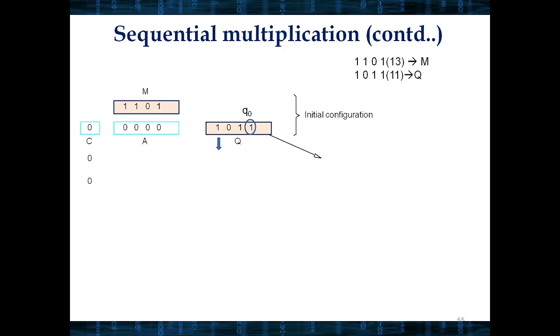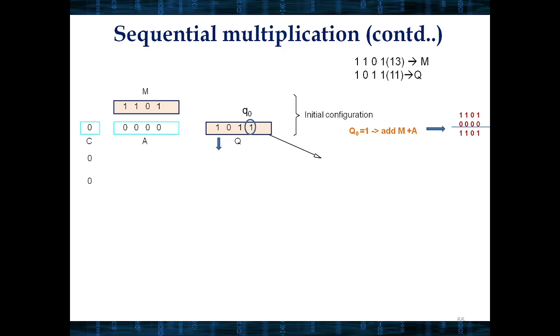Then in step 1, what do we need to check? We need to check the Q0 value, whether it is 0 or 1. In this operation it is 1. If Q0 is 1, then add the multiplicand value to register A. Here the multiplicand is 1101 and register A is initially 0.